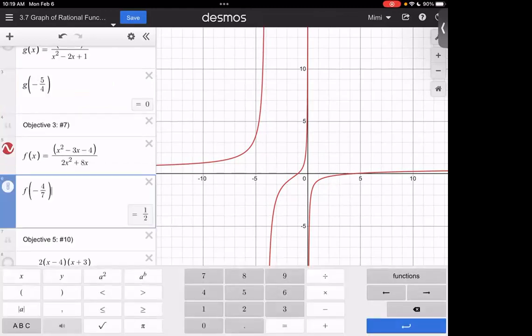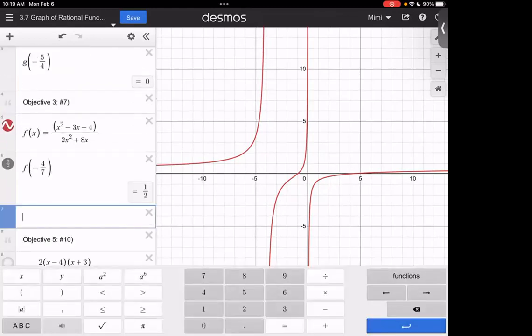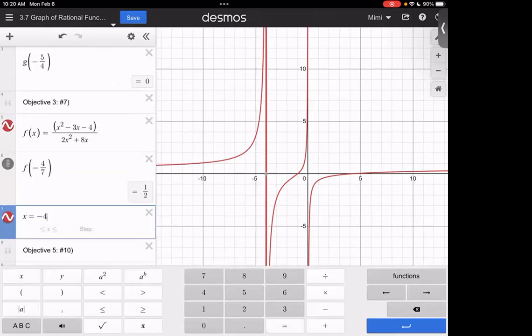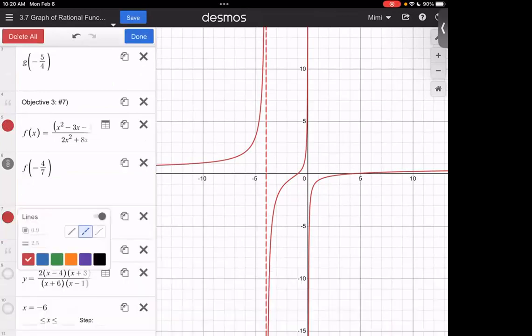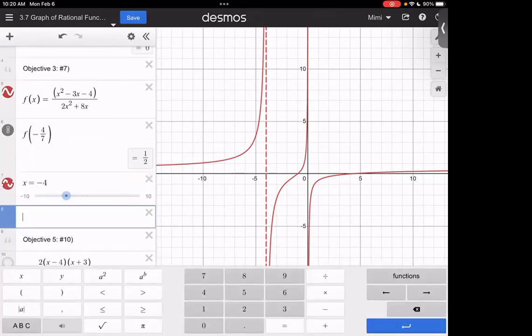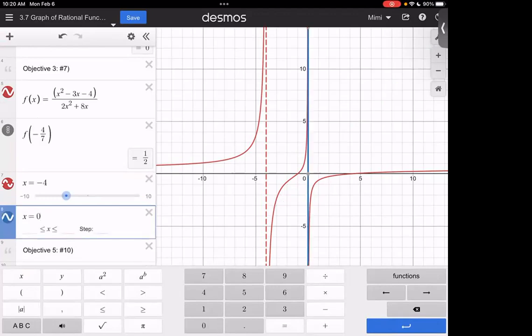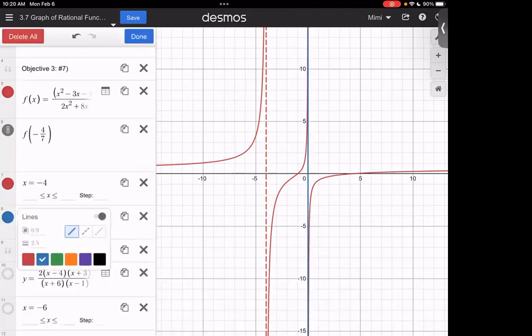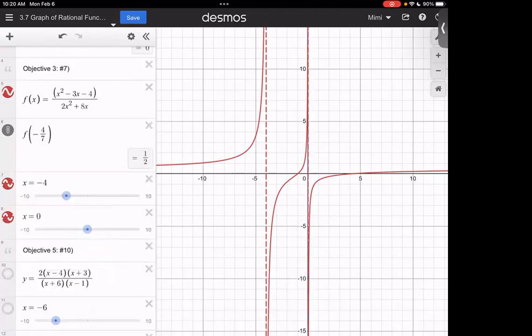Well, how come, I must have forgotten to save it. x equals -4, right there. And then x equals 0, right there. Right, so it's your graph. So we do the right thing, right?